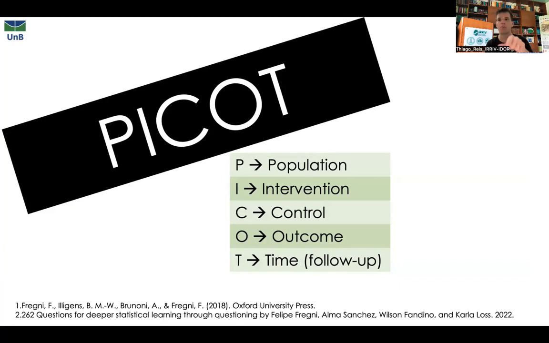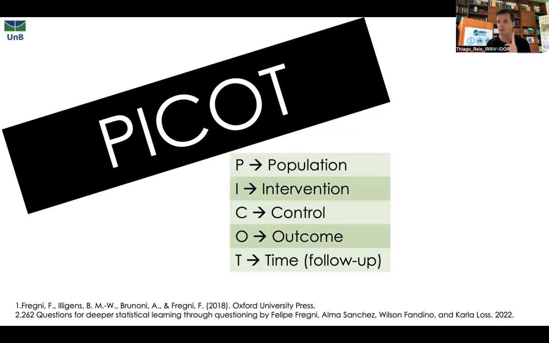In this case, our population are those patients with heart failure. The intervention is the drug itself versus standard of care with placebo. So this is the control group, the standard of care. The outcomes are those concerning heart failure and visits to the emergency room, and then time of follow-up.